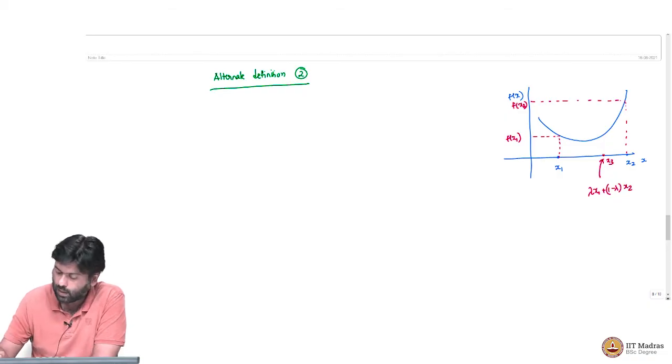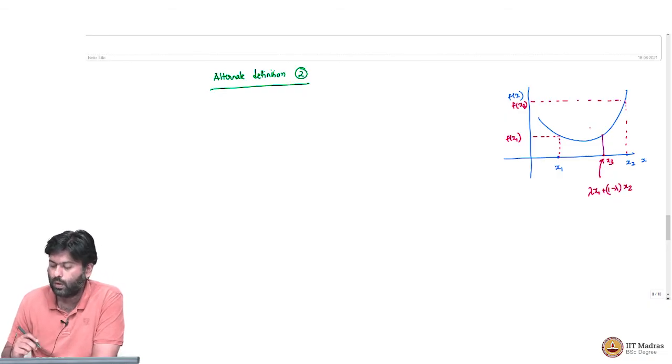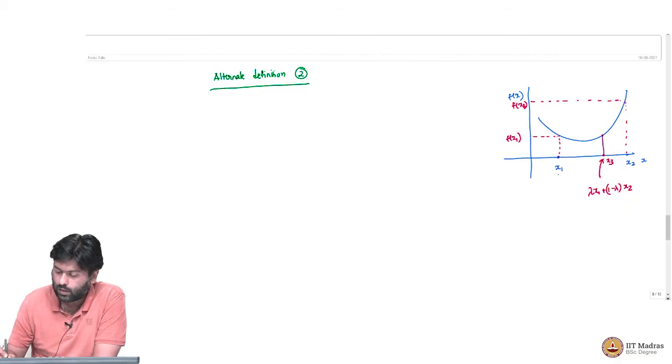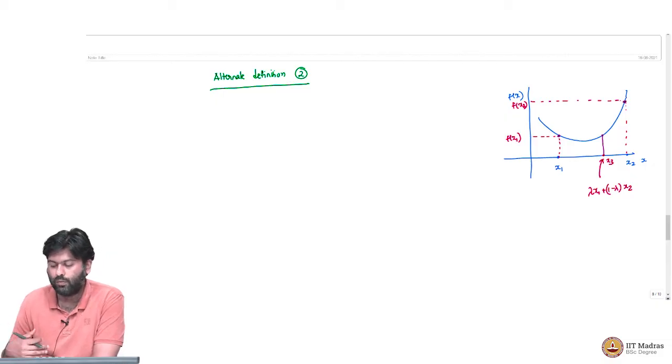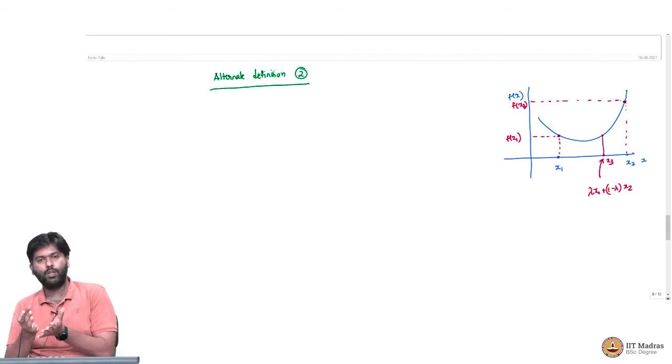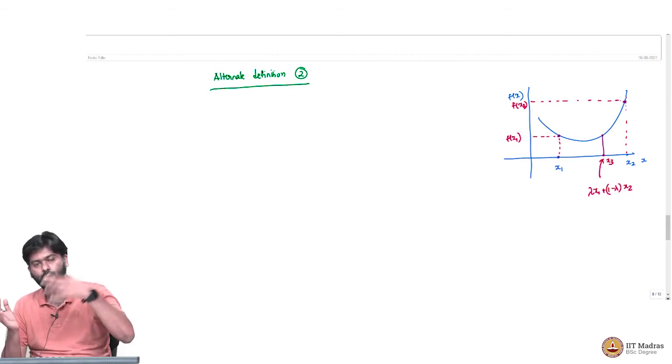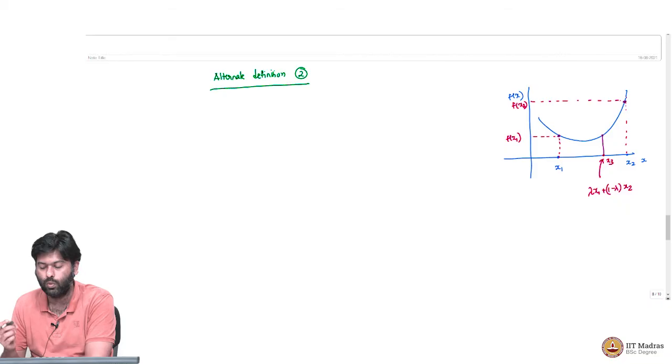Now, I see how is the function's value at x3, right. So, now if I look at this point which is f of x1, and this point which is f of x2. Now, if I use the same combination, but not for the data point, but for the function's value, right.